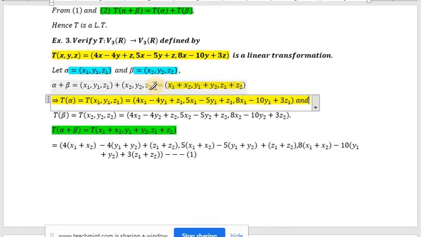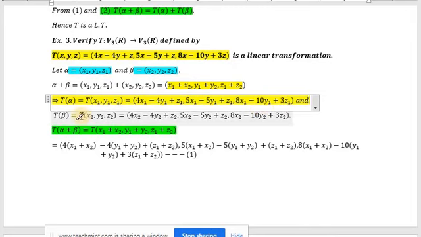Now let us calculate T alpha and T beta separately. So T alpha is equal to T of (x1, y1, z1). By using the given transformation, this is nothing but (4x1 minus 4y1 plus z1, 5x1 minus 5y1 plus z1, 8x1 minus 10y1 plus 3z1).